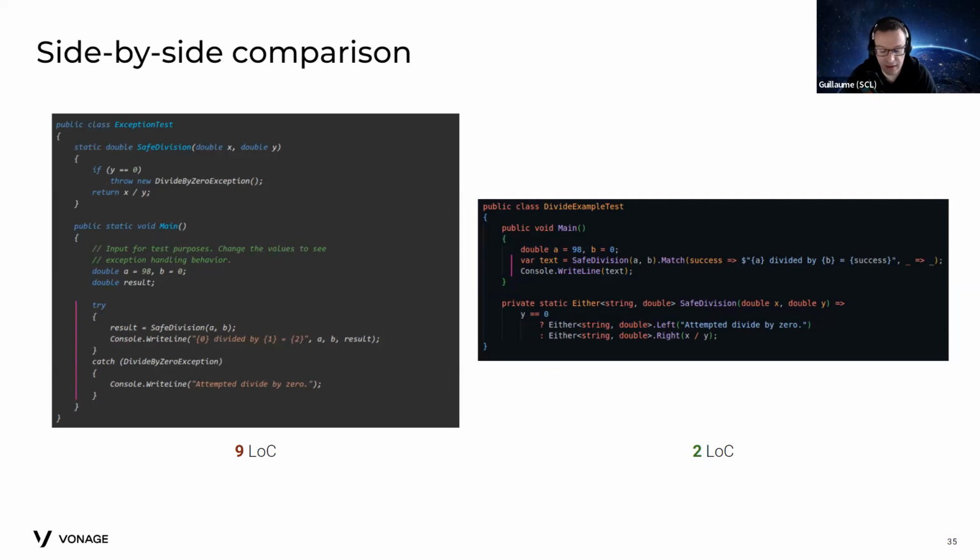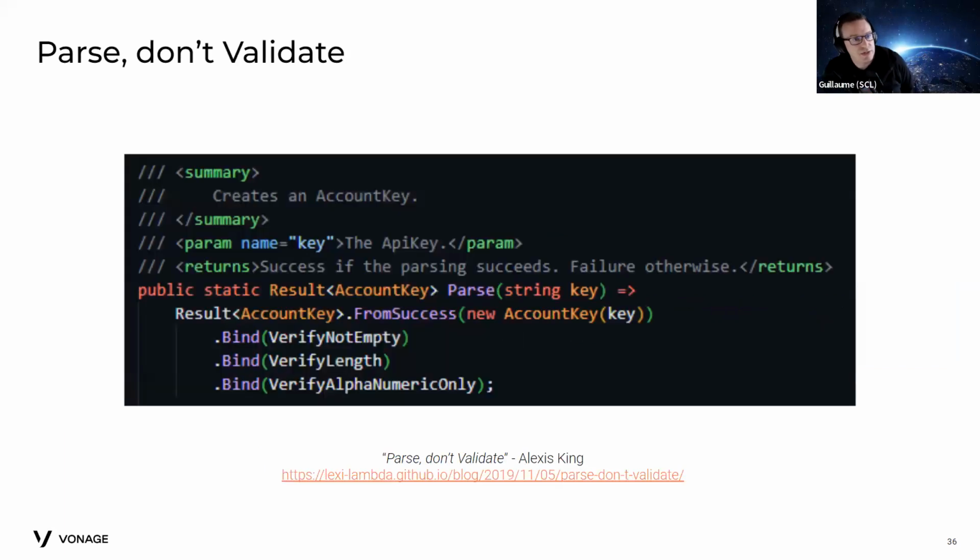Another thing that monads can offer, and this is not something people usually talk about in the first place, is called parse, don't validate. So if you came before to this meetup, we had a few months ago Nicolas Carlo, who presented a talk called Types at the Edge of a System.